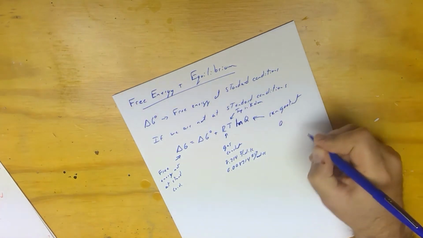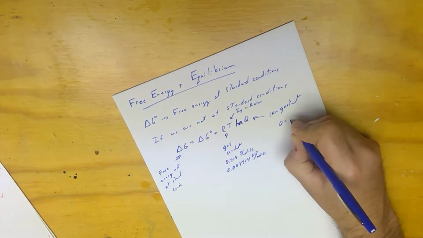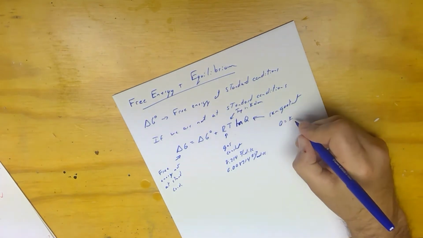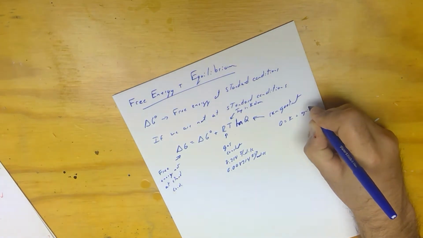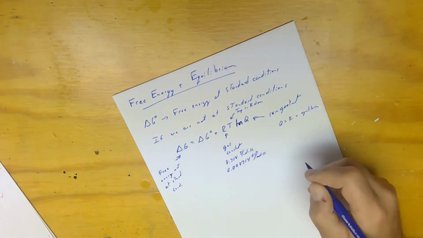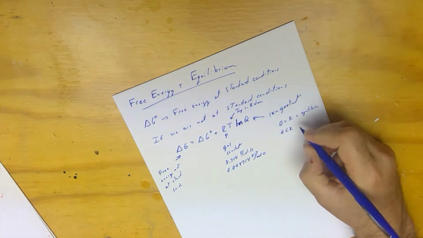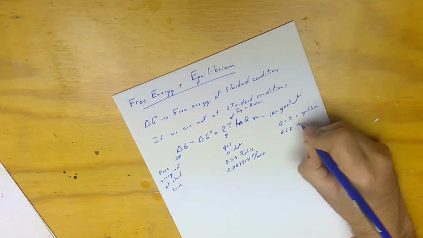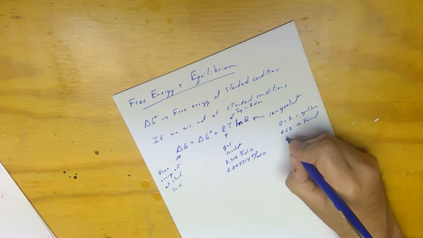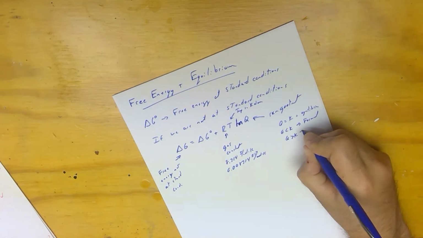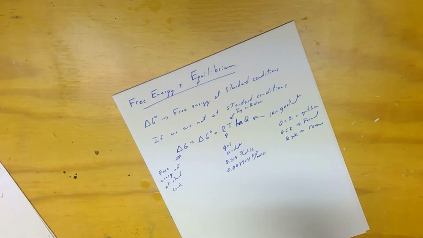Now, if you remember our reaction quotient Q, if it's equal to our equilibrium constant, that means we're at equilibrium. If Q is less than K, okay, it will go forward. If Q is greater than K, the reaction will go in reverse.